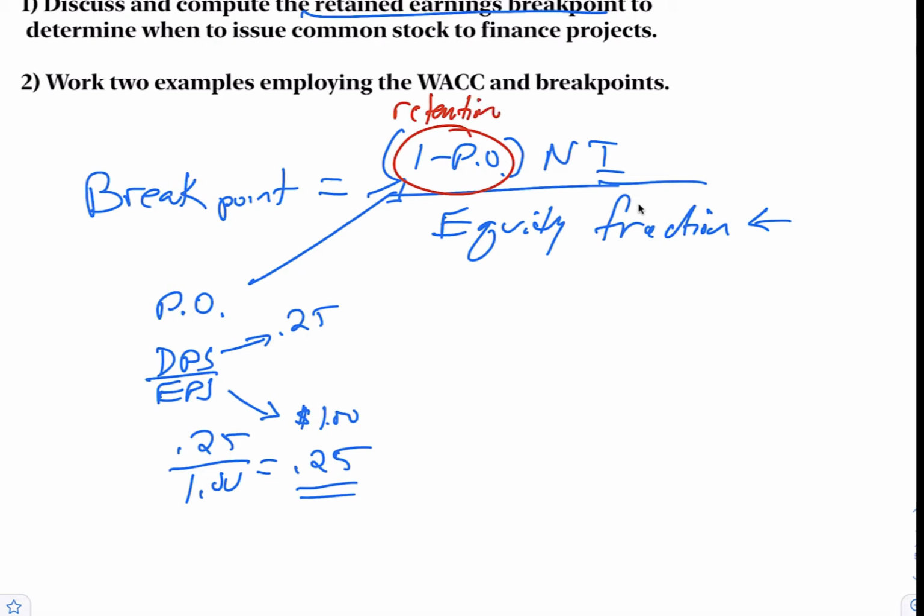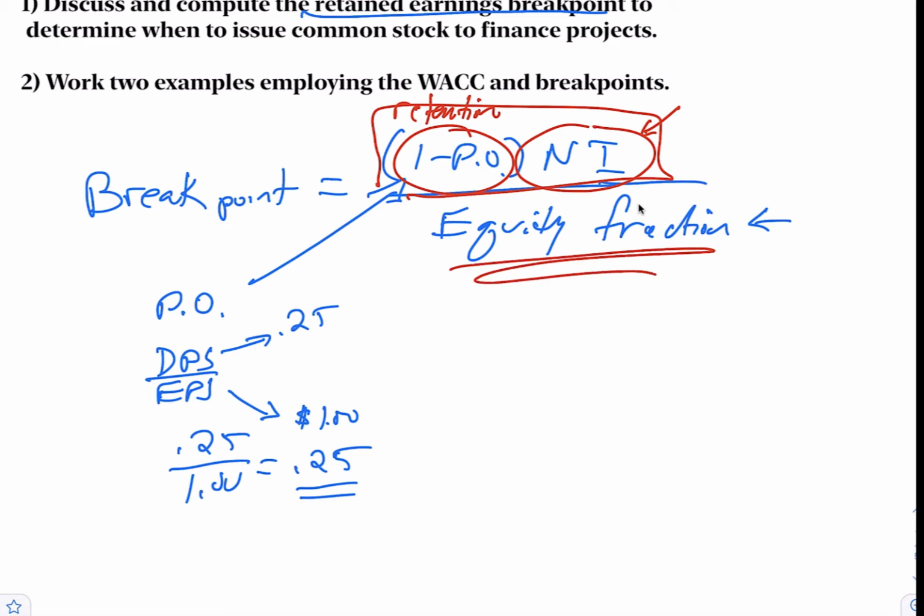When you multiply it by net income, it's how much earnings you are keeping and retaining in the business for a given year, because net income will be on an annual basis. So this is the amount of retained earnings that a firm will accumulate in a given year. When you divide it by the equity fraction, you get this breakpoint.